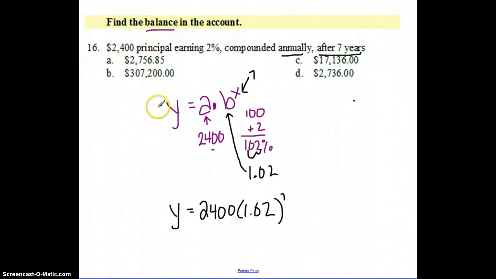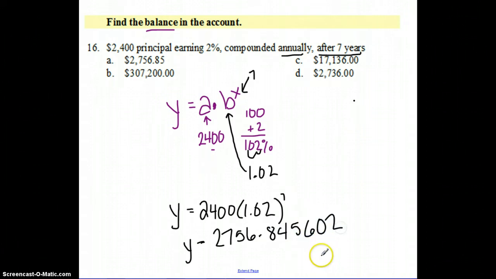I'm going to end up with 2756.845602. Now, our problem with this is that we can't have anything more than 2 decimals if we're talking about money. So we're going to look at the number that comes after it.